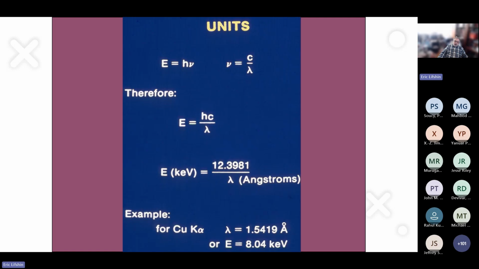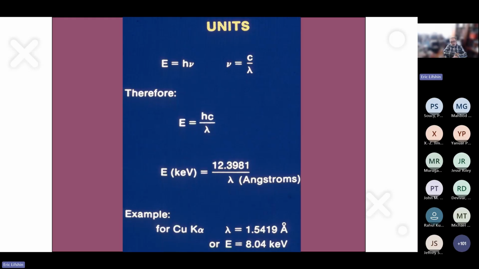The other equation on the right is really definitional. That is, frequency equals c over lambda. By definitional, I mean c is in centimeters per second, and lambda is, say, in centimeters or nanometers. If you cross out the length dimension, you have 1 over time, and that's frequency.